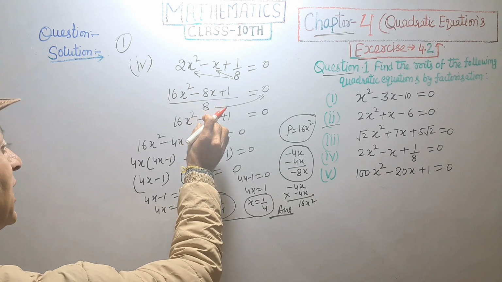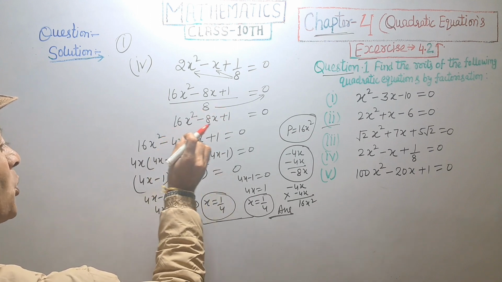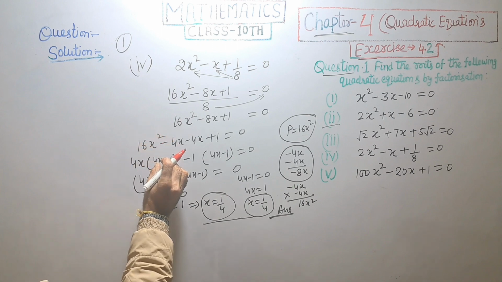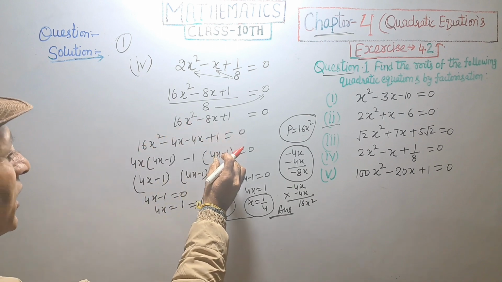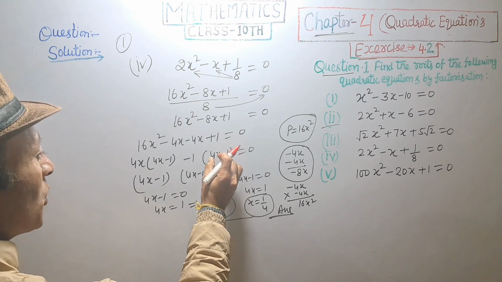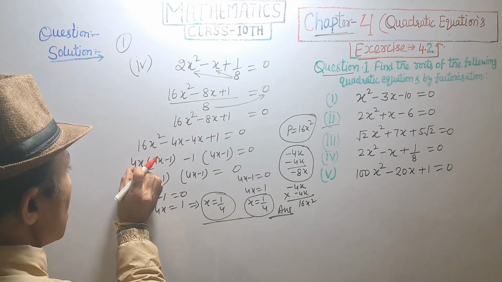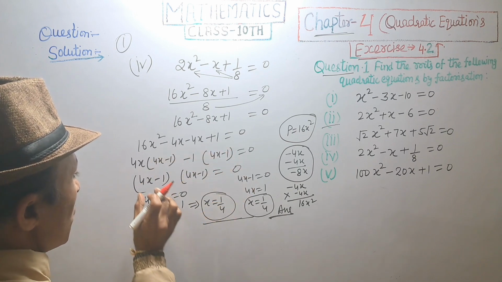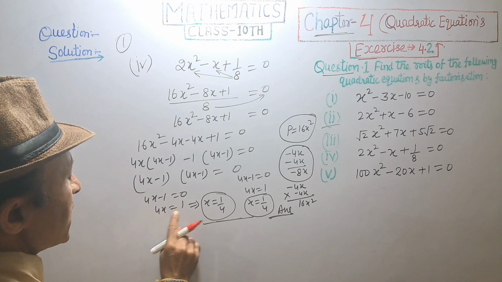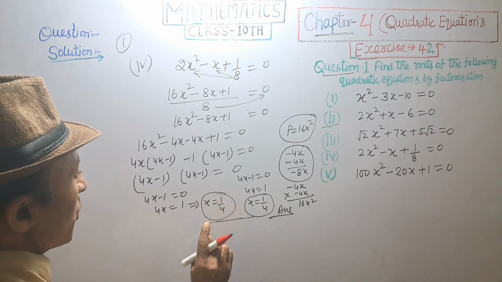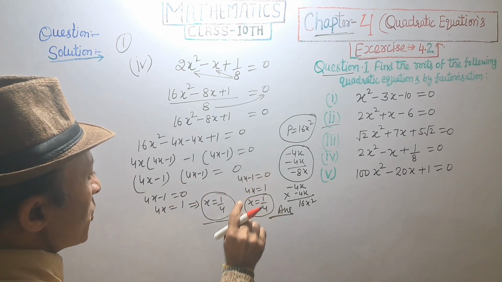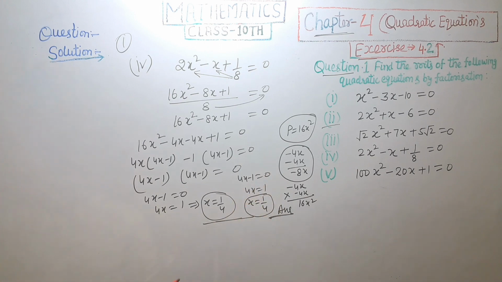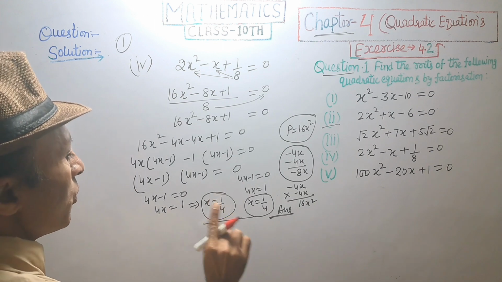So split minus 8x as minus 4x minus 4x, and taking 4x common, in bracket 4x minus 1, and here in bracket 4x minus 1 and minus 1 is common. 4x minus 1 equal to 0 means 4x equal to 1 and x equal to 1 upon 4. And here 4x minus 1 is 0, x equal to 1 upon 4. Equal roots, x equal to 1 by 4, 1 by 4.